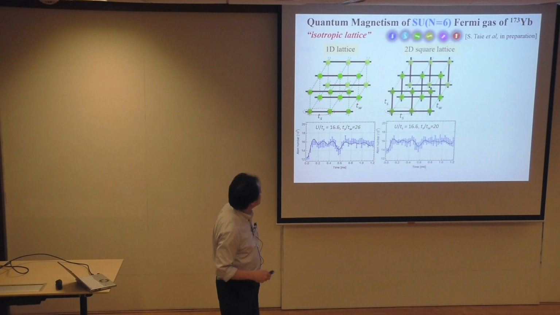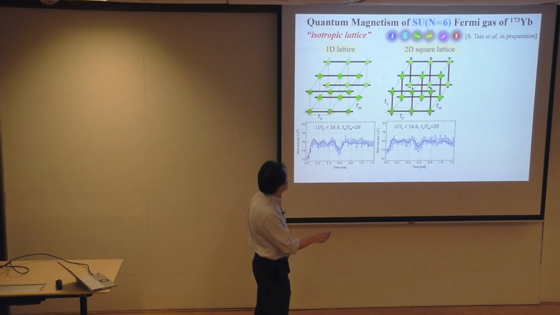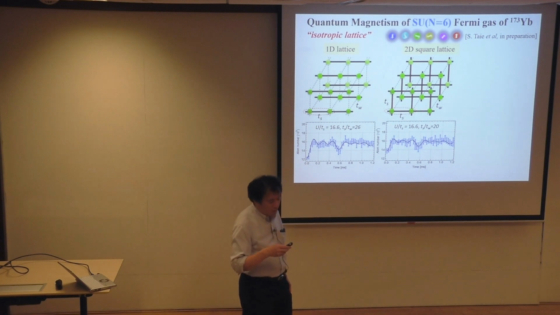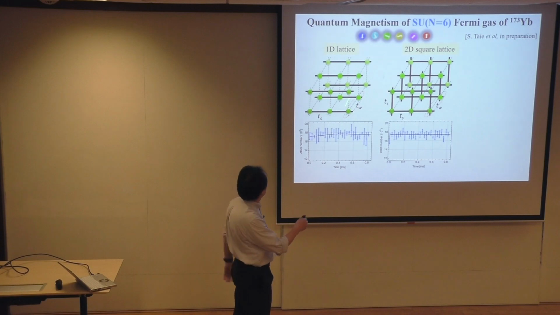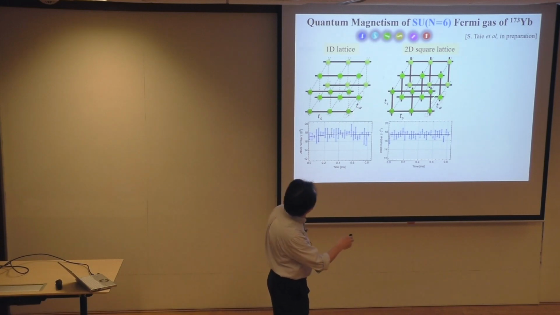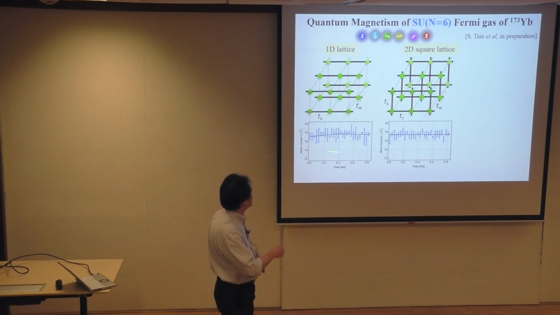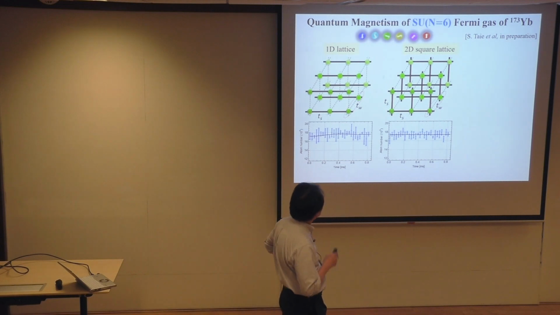And this is a case of a 2D square lattice. Again, we clearly observe the STO signal for the strong link within a 2D layer. And in the case of the weak link between the 1D chains or 2D layers, we didn't observe the clear STO signal like this. This is consistent.